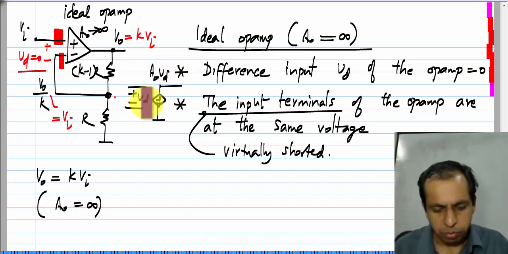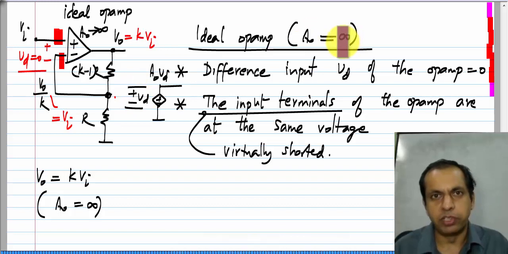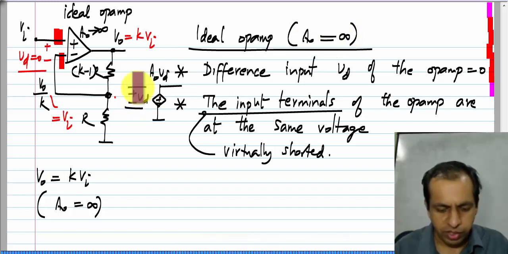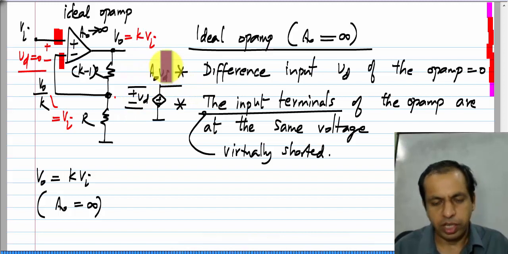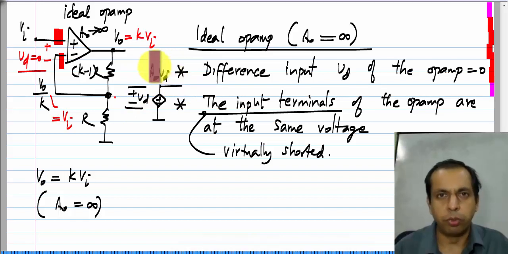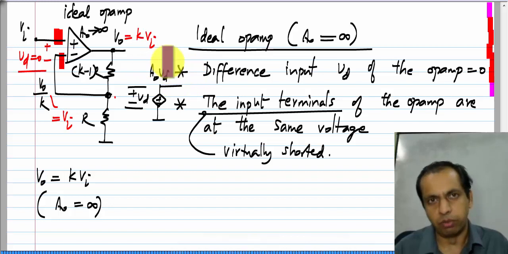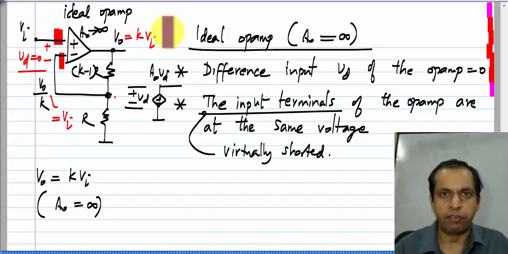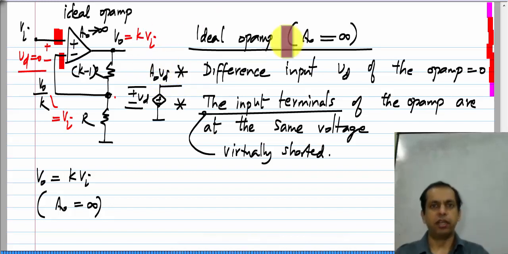But remember, this input difference is 0 only if A naught equals infinity. And if A naught equals infinity, this V d is 0, the output is A naught times V d, which is infinity times 0. You cannot calculate what the output is by multiplying infinity and 0. So, you have to derive it based on other constraints that I will consider while talking about analysis of circuits with ideal op amps.